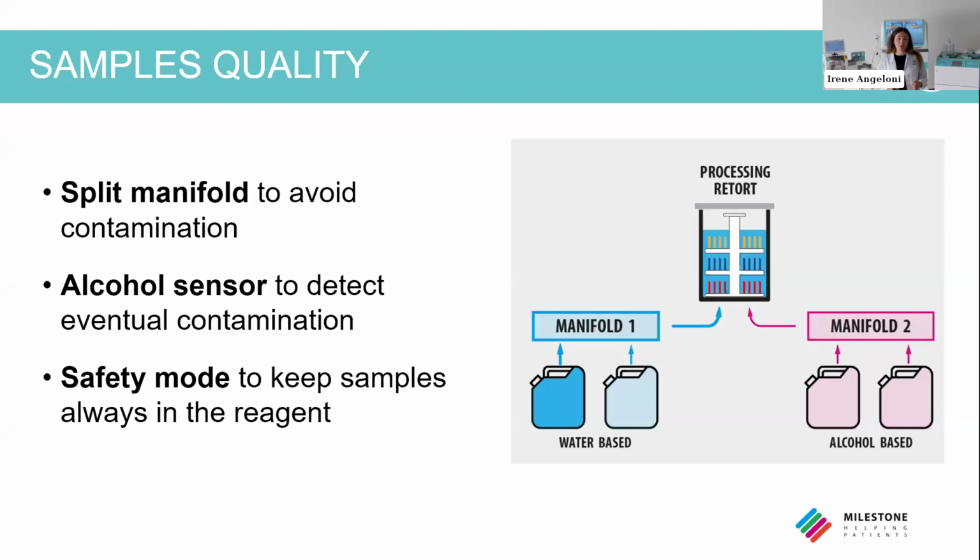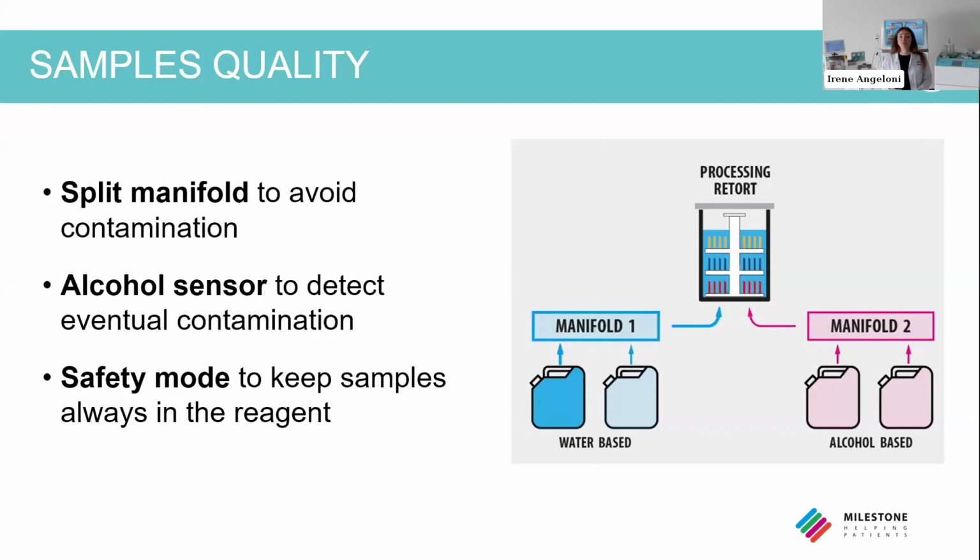And another important point regarding the sample quality, but we can say also the sample safety, is to have what we call safety mode. What is this? It is the fact that if something happens with the unit, with the reagent, with the contamination and so on, the samples are kept in a reagent and in a correct one. So safety for the samples that guarantees also at the end to be able to perform an analysis.